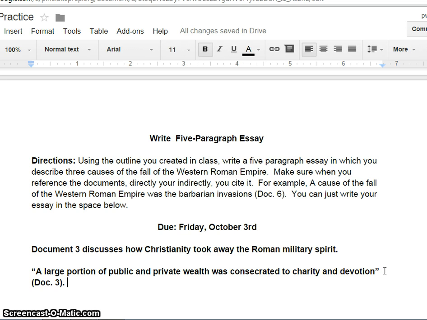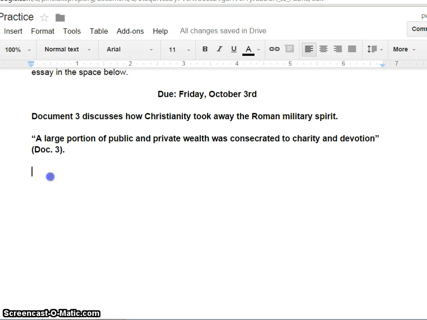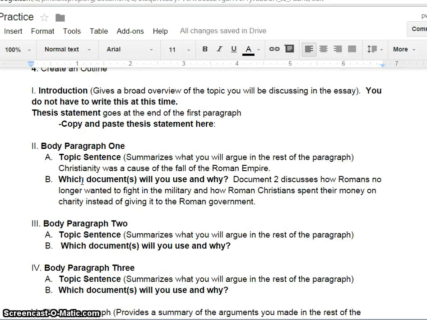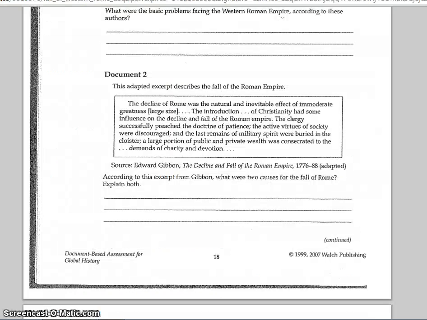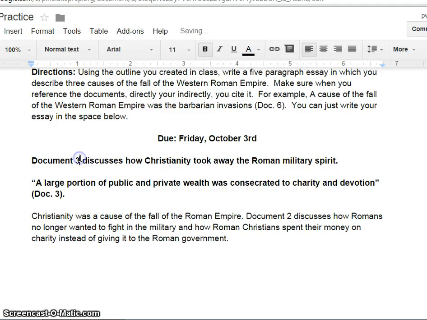Or a third way is anytime you are getting information from a document, you need to cite it, whether it is a direct quote or not. So for example, up here, if I'm going to use this, I'll just go ahead and copy this down here. I apologize, that was document 2. I just realized I made that mistake. So it should say document 2.